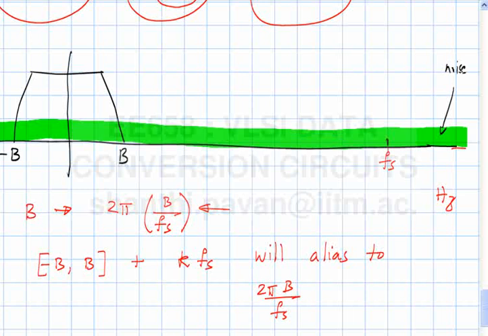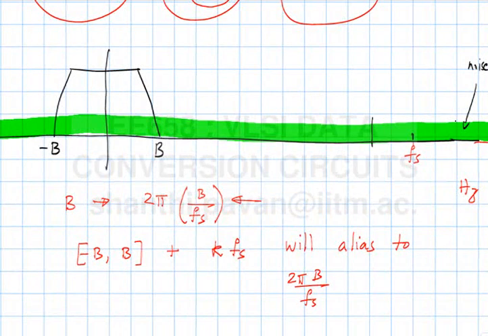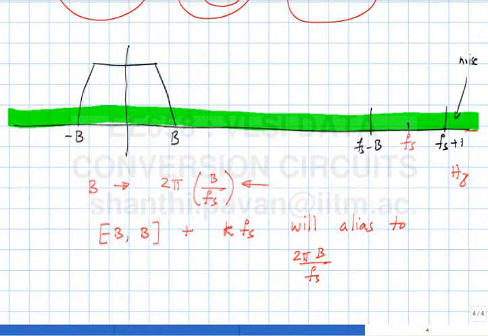So when I sample the signal at a rate Fs, where should I be worried about noise? Signal components in a frequency band Fs plus minus B. Once you sample at a rate Fs, noise in this band will all alias into the signal band.